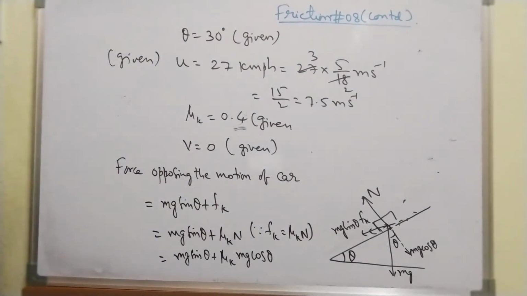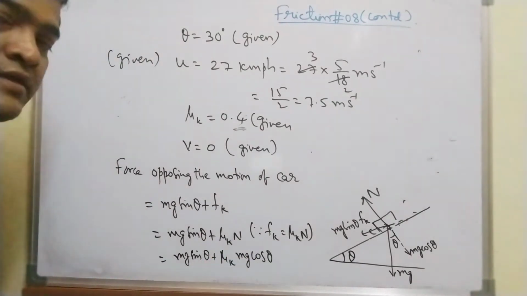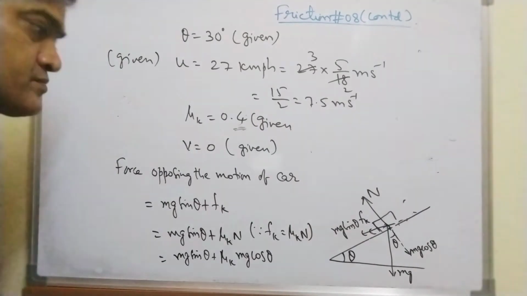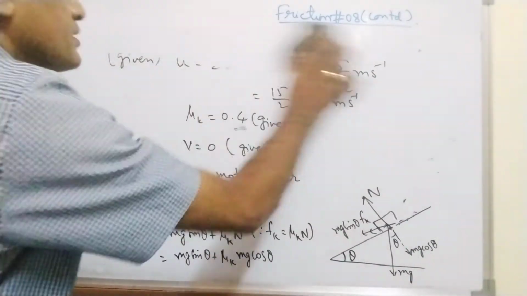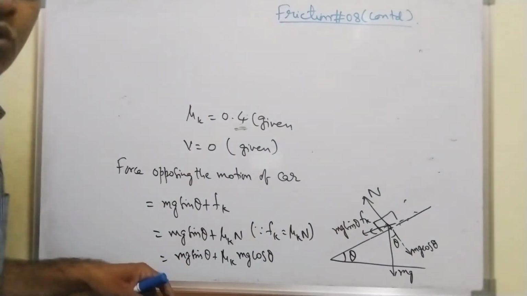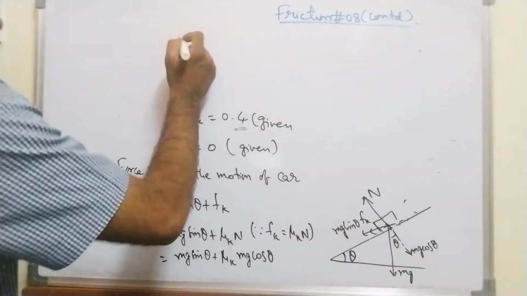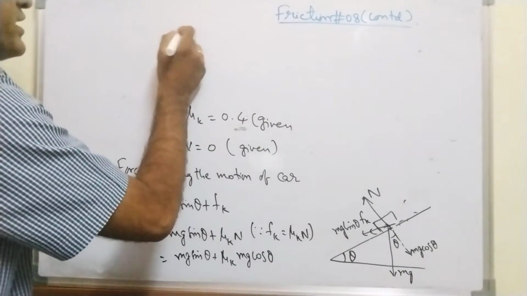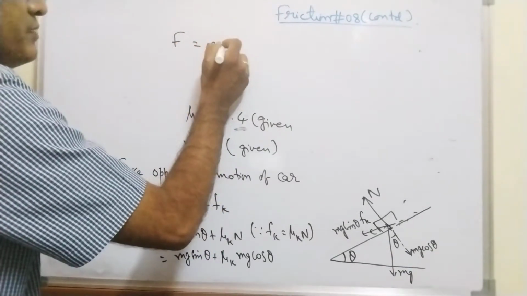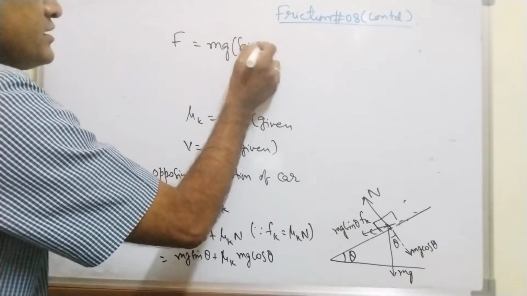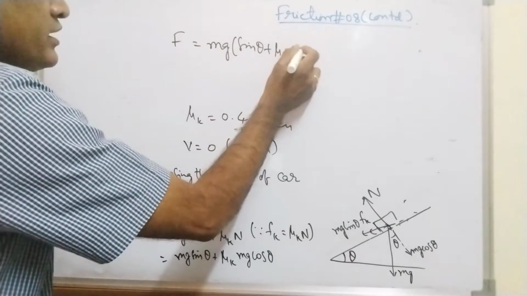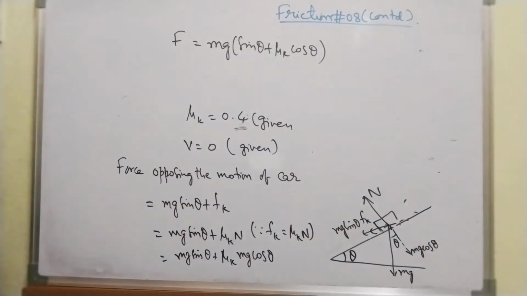Now I will take mg as common. Anyways, you know this formula, I have told you. Force opposing the motion, F is equal to mg into sin theta plus mu k cos theta, is it not?